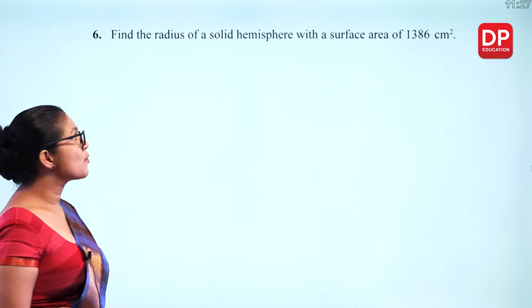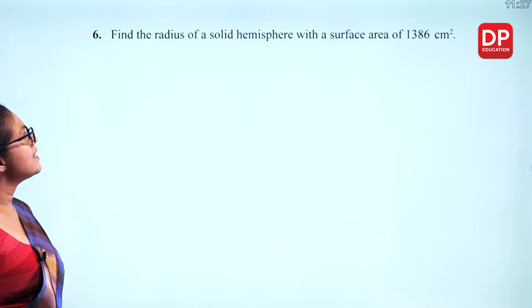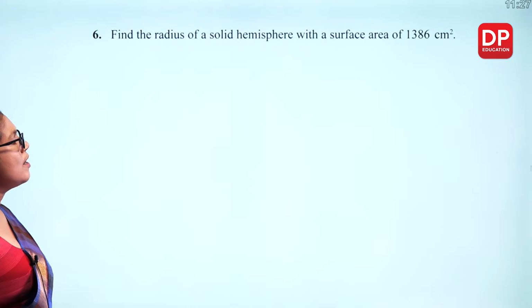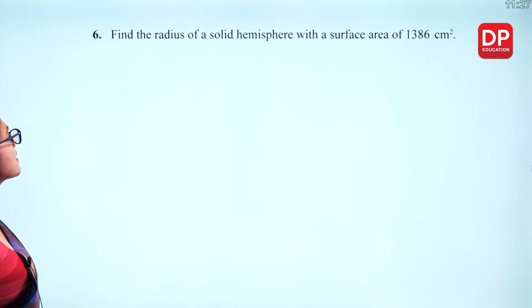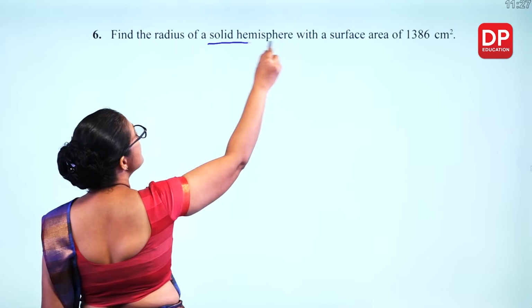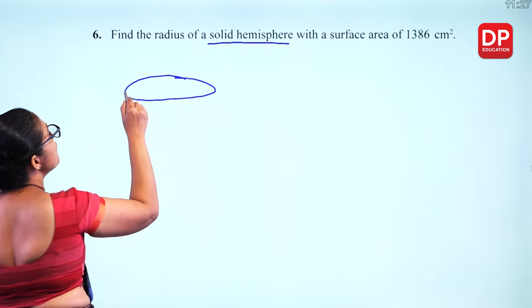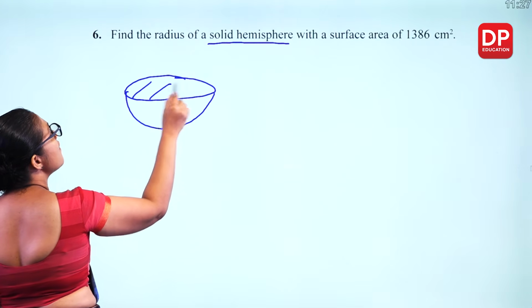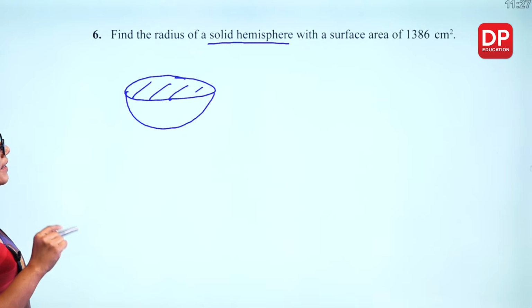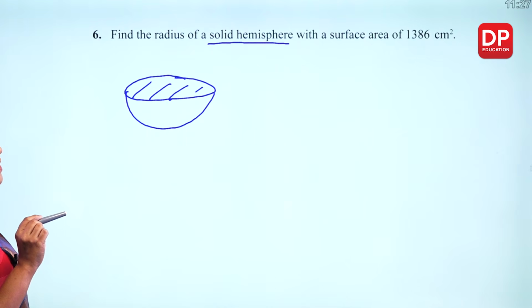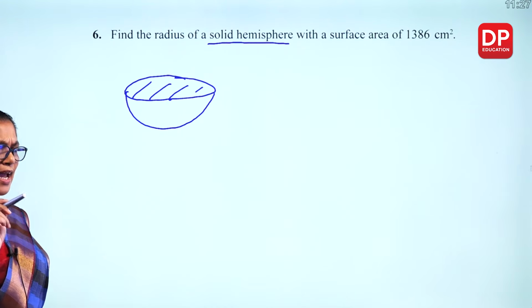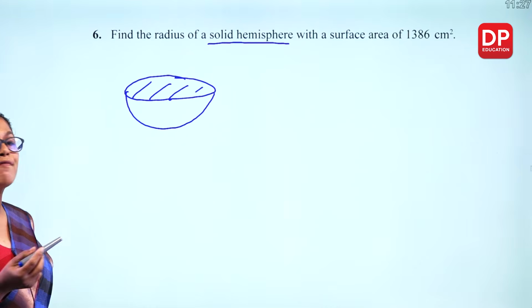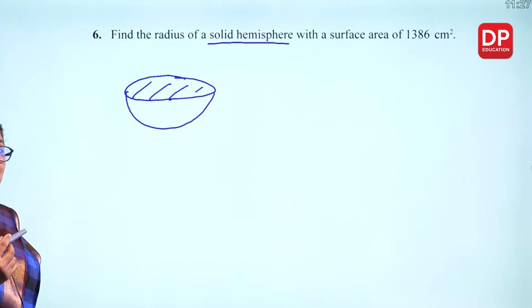Now we'll look at the sixth question. It says find the radius of a solid hemisphere with a surface area of 1386. This is a solid hemisphere, which means you have to consider the area of the circle as well. Do you remember we found a formula for the total surface area of a solid hemisphere?